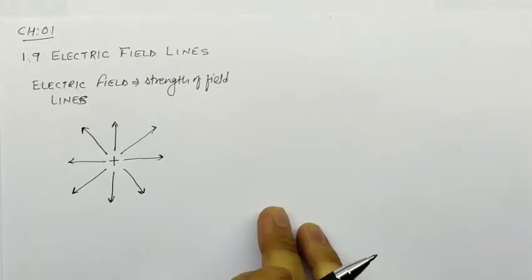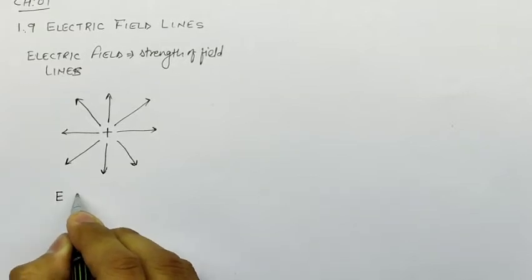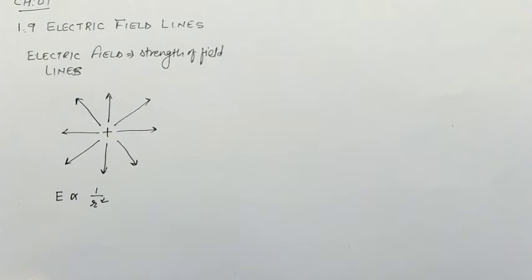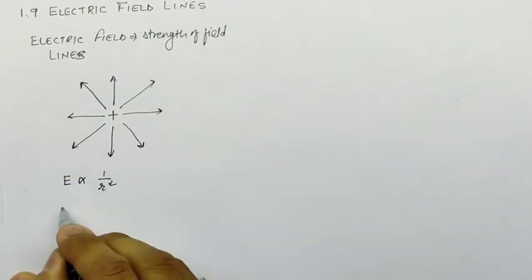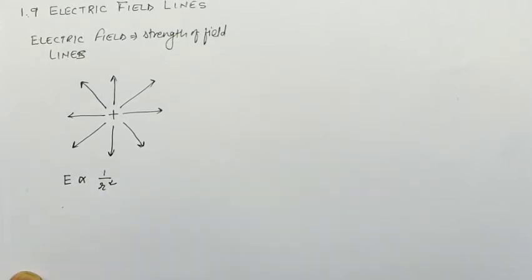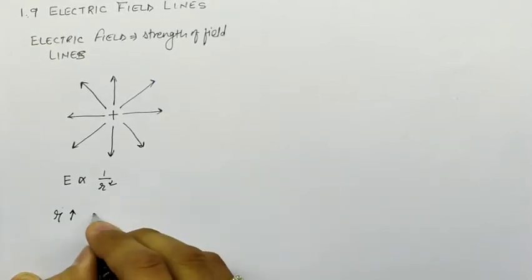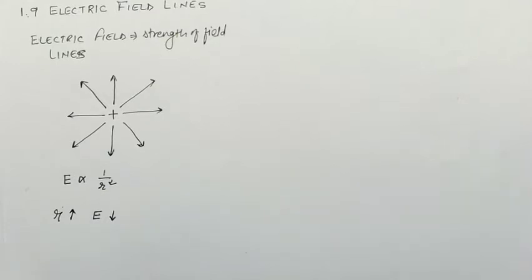Here electric field E is proportional to 1 upon r square, which means the electric field E depends upon the square of the distance. As r increases, according to the inverse relation, E will decrease.